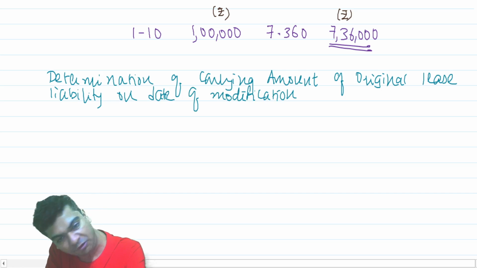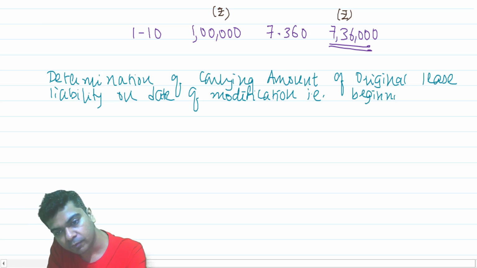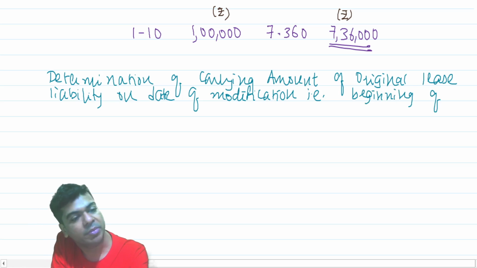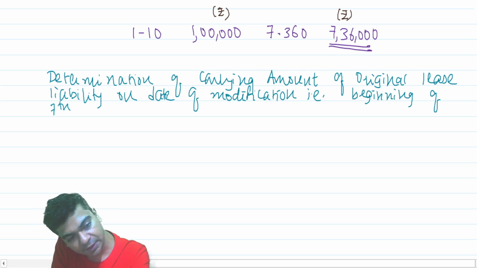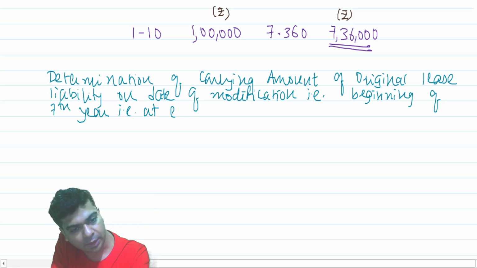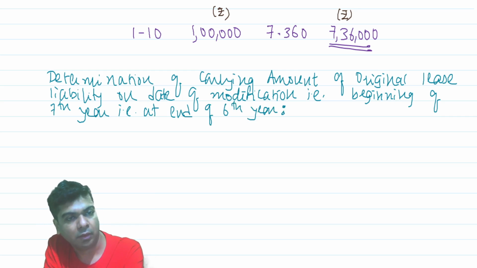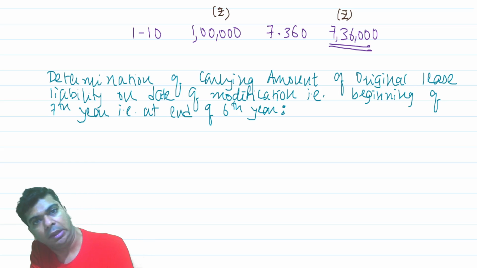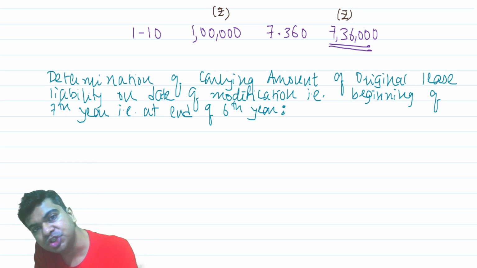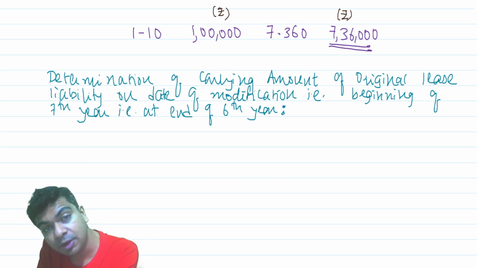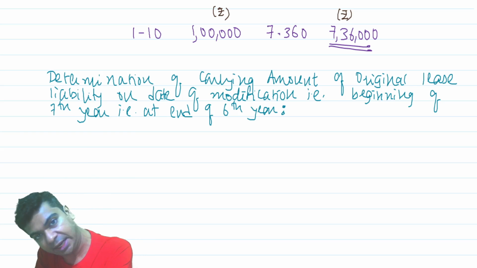On date of modification, that is beginning of 7th year, that is at end of 6th year. Okay. We will prepare a loan repayment schedule, a lease liability repayment schedule, and find out what is the carrying amount.